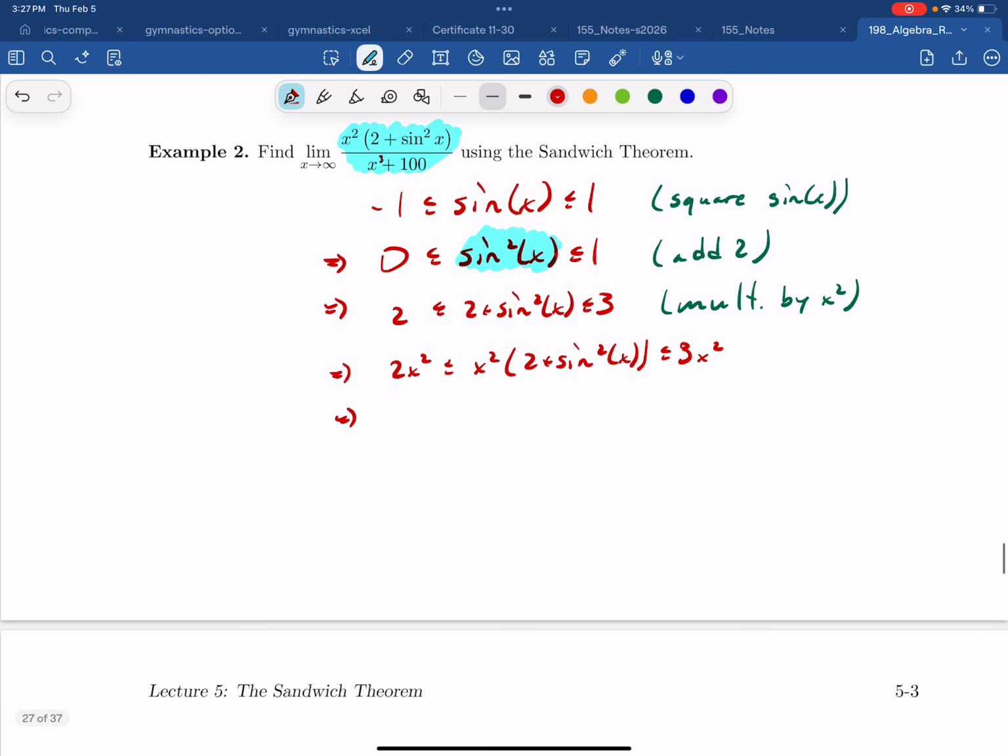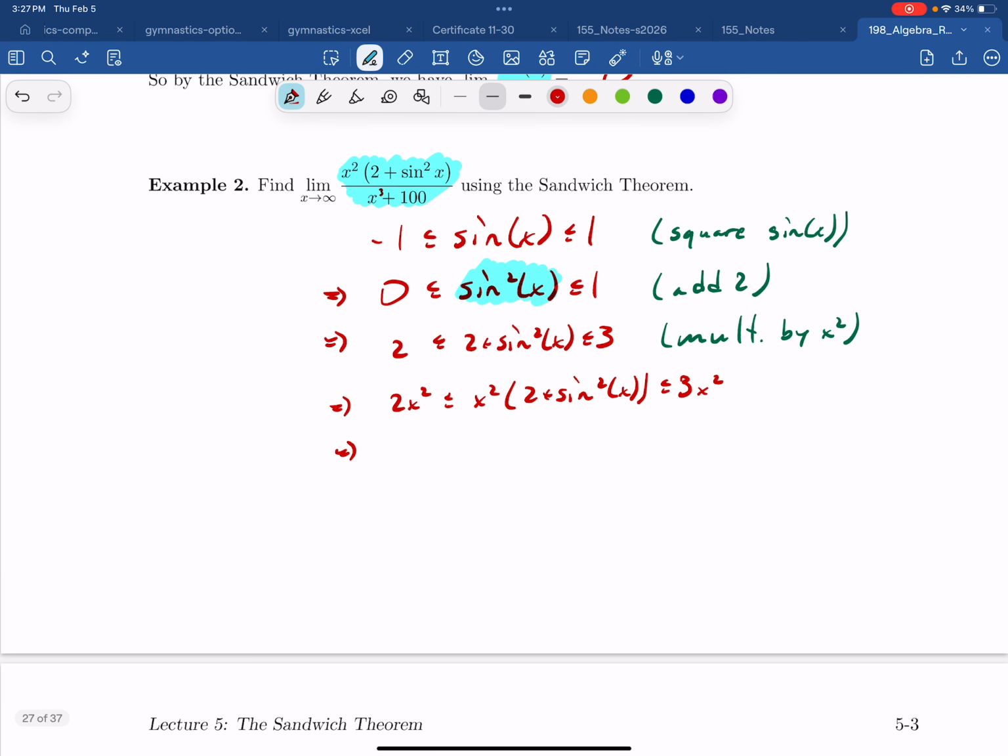And then we have to divide by x cubed plus 100. Okay, so we have 2x squared over x cubed plus 100 less than or equal to x squared times 2 plus sine squared all over x cubed plus 100.